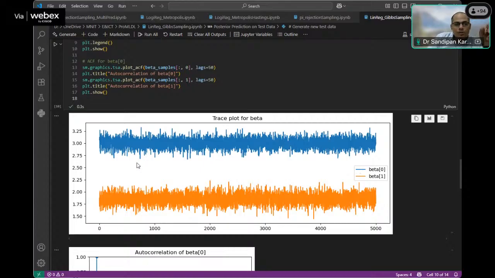But if it is a very good sample, then after some iterations the randomness will get stabilized. The spread of this trace plot is actually very small, from 2.75 to 3.25.